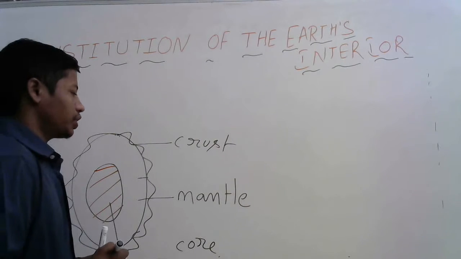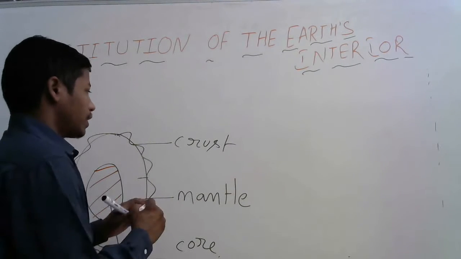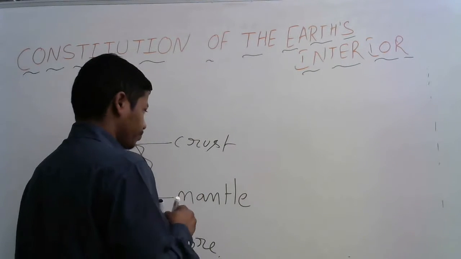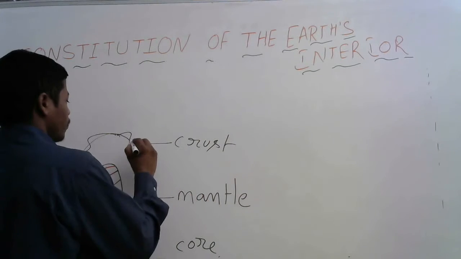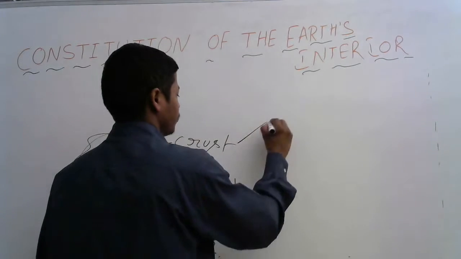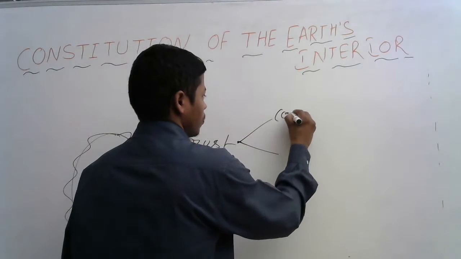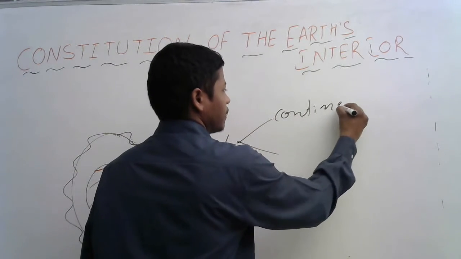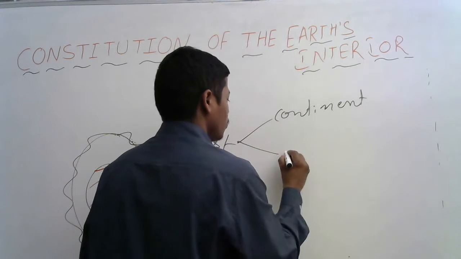We know the basic structure of the Earth. This is the crust. Crust is of two types: oceanic crust and continent crust.